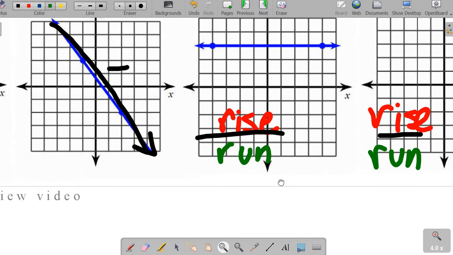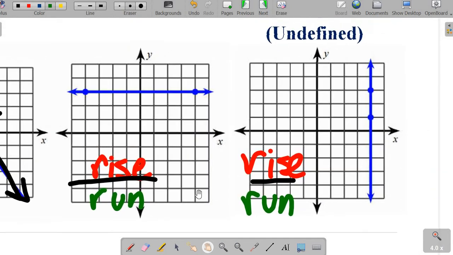When we're dealing with a horizontal line, it has no up or down motion, no vertical motion. So it has zero rise, and it has some sort of run. But 0 over anything is 0. A vertical line has some sort of number in the rise, but it has 0 in the run.